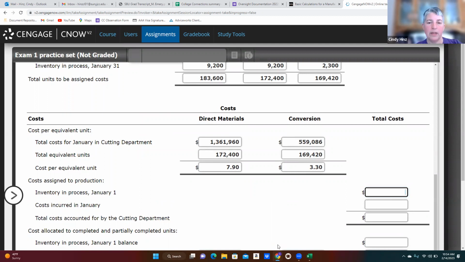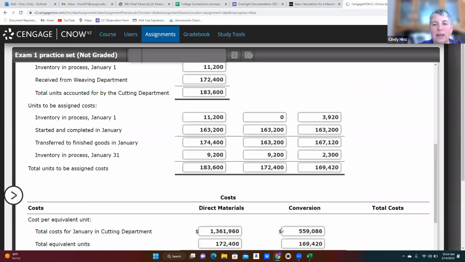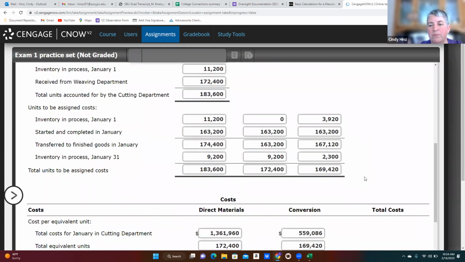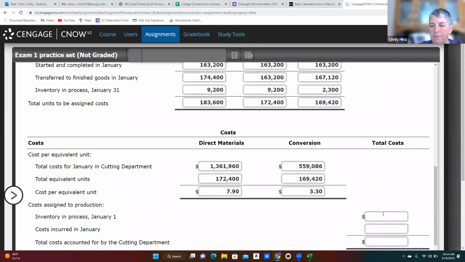Now, let's finish this step by figuring out the total costs that we need to account for. So our beginning inventory, it's right there. 110,656 was our beginning inventory. What did we add to that in January? I don't even have to scroll back up because I have the direct materials here and the conversion costs here.